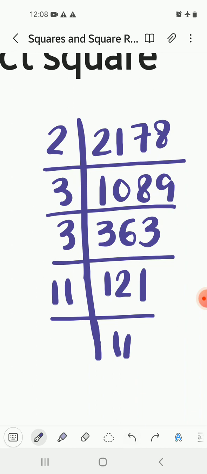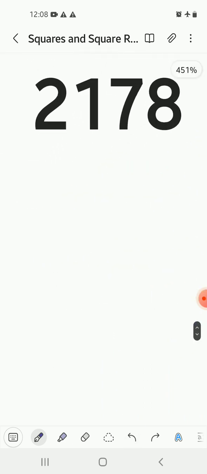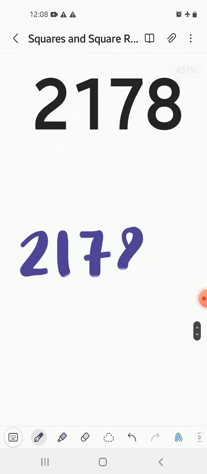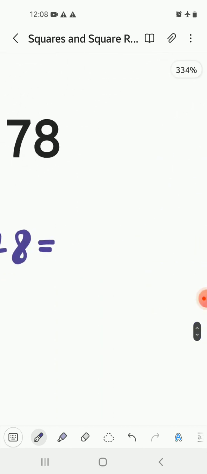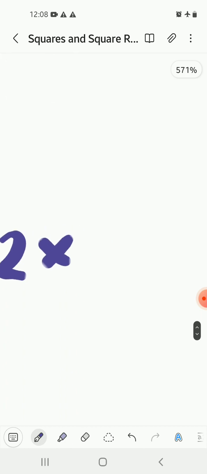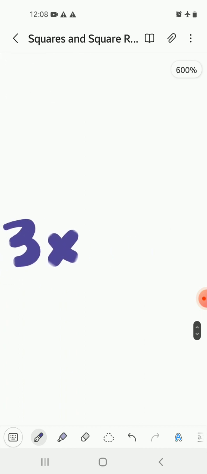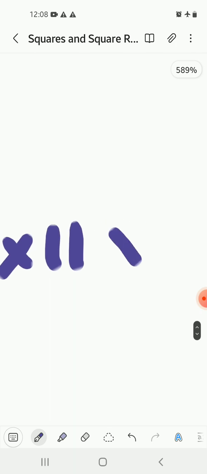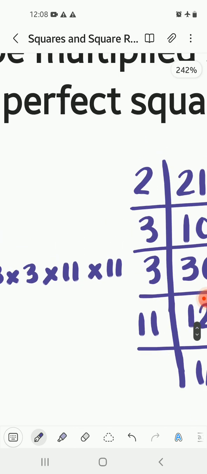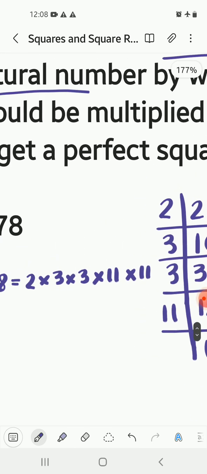So first list all the factors. We can write 2178 is equal to, we have got the factors, that is 2 into 3 into 3 into 11 into 11. Now you see the pairs, there is a pair of 3 and there is a pair of 11.